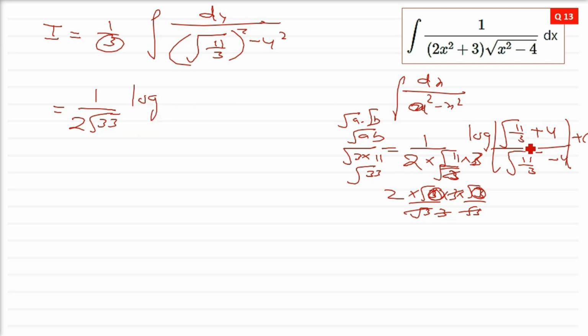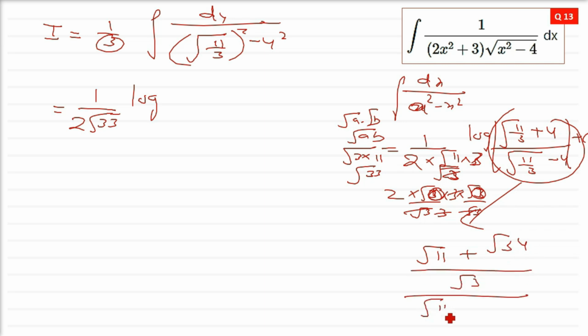Let's resolve the inside of the log first. Under root 11 plus under root 3 times u divided by under root 3, then under root 11 minus u root 3 divided by root 3. This gets cancelled. Now you have to replace u, because u square was taken as 1 minus 4t square, if you remember.